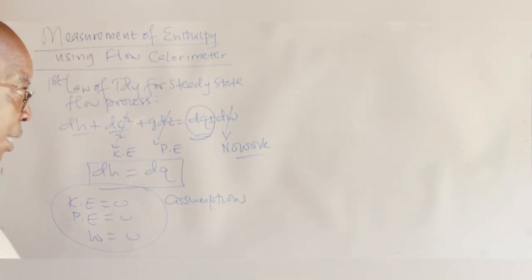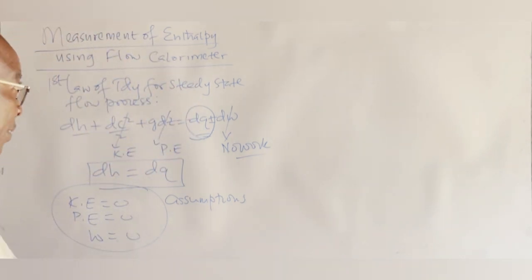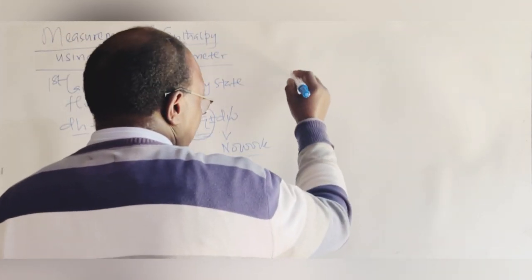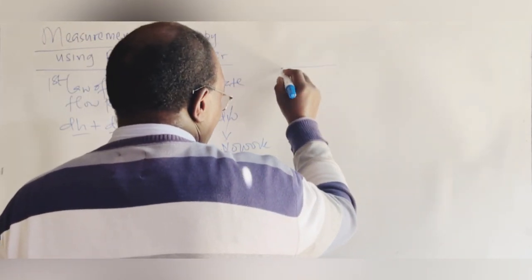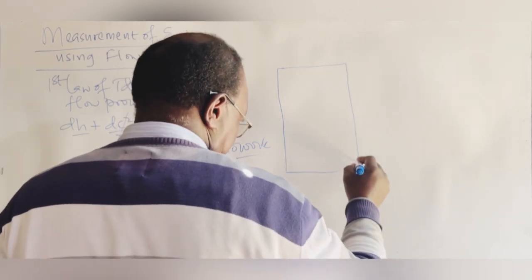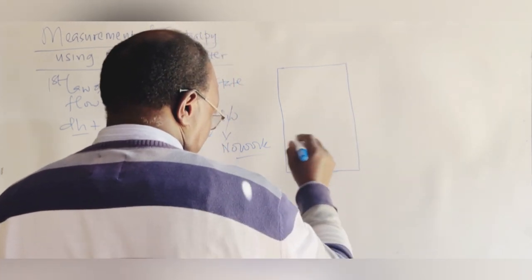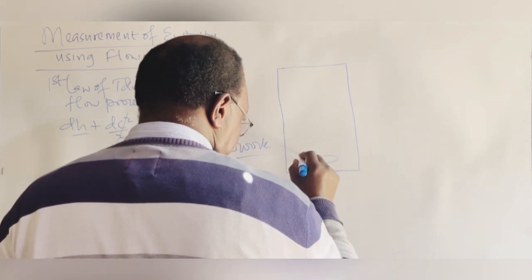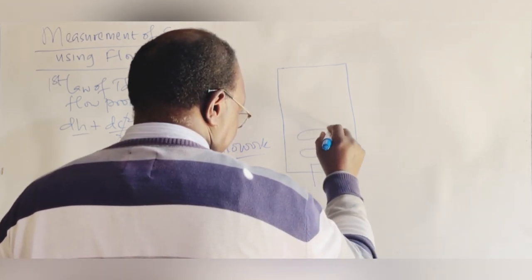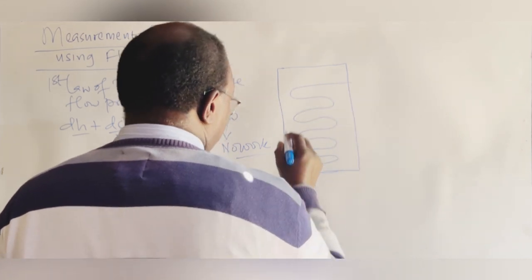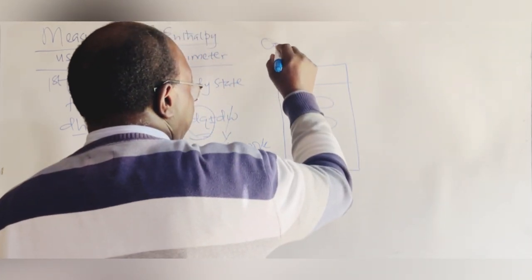Now, let us look at the schematic for the flow calorimeter. In a flow calorimeter, we'll have a constant temperature bath, and in this constant temperature bath, we will have a filament.